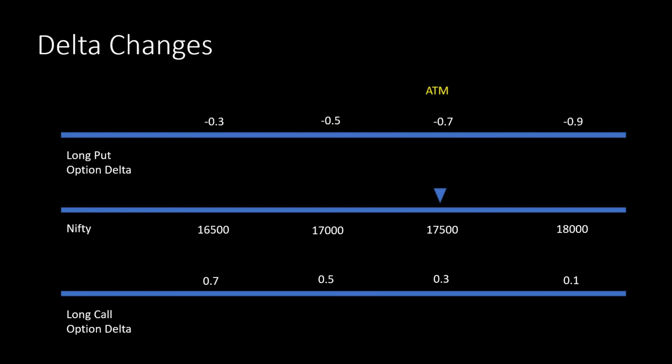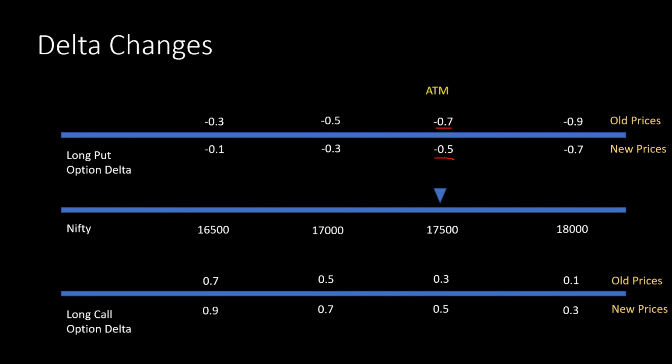What happens to the delta? Delta also changes with the change in Nifty price. If you see, the 17,500 put option was in the money and had a delta of minus 0.5. Since now it has moved to at the money, the delta has now changed to minus 0.5.